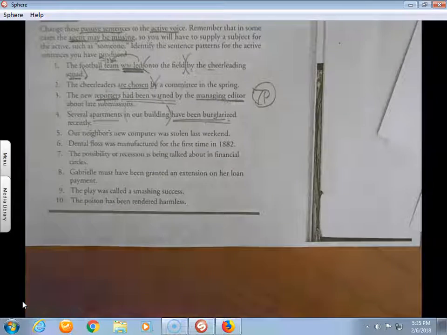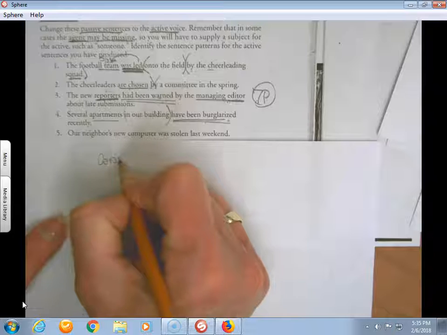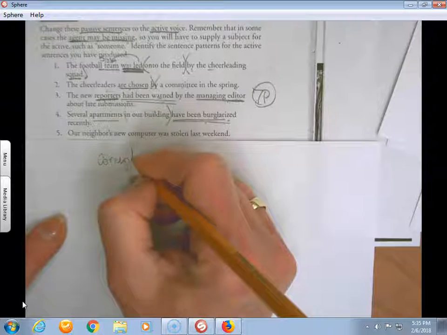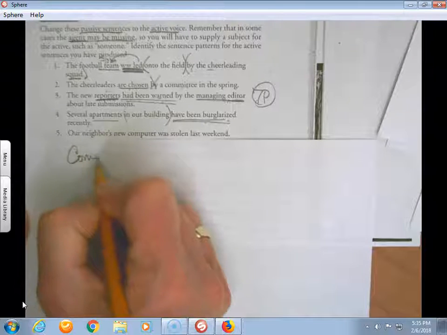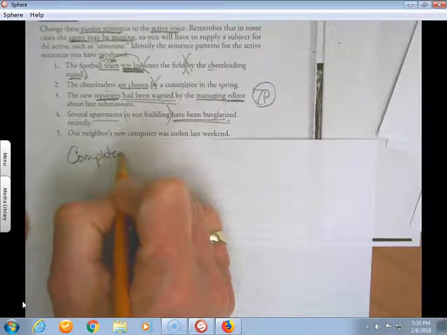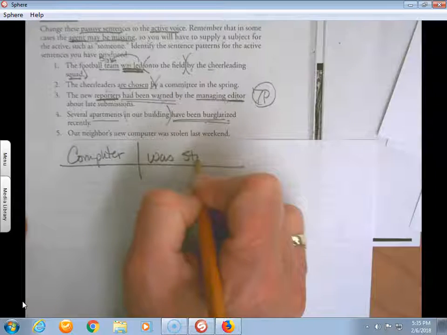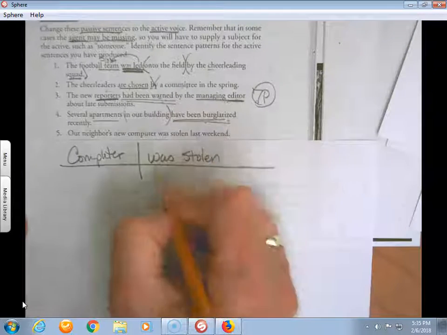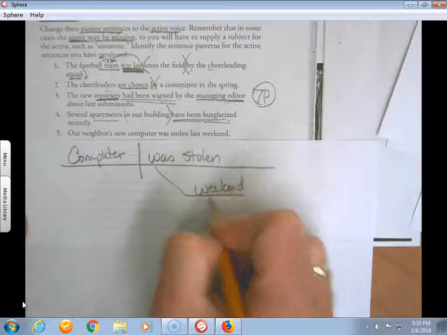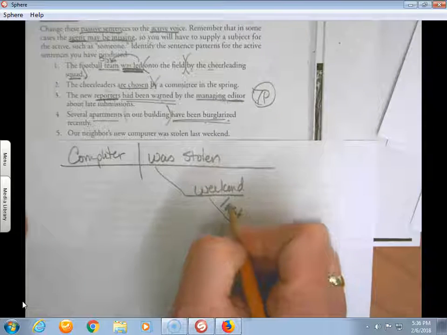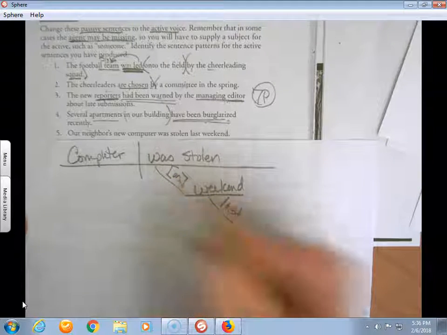Okay, our neighbor's new computer was stolen last weekend. Computer, was stolen, weekend. Last is not a preposition. The preposition here is on, on last weekend.